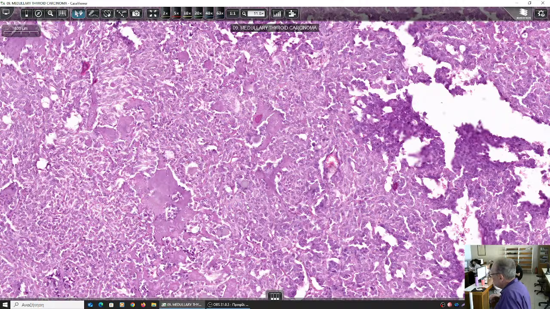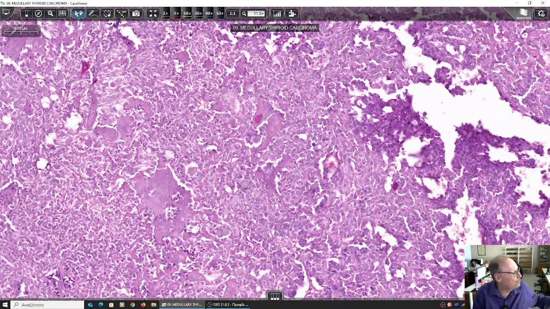So, which are the immunohistochemical markers of neuroendocrine differentiation expected to be expressed in this thyroid tumor, which does not derive from follicular cells?